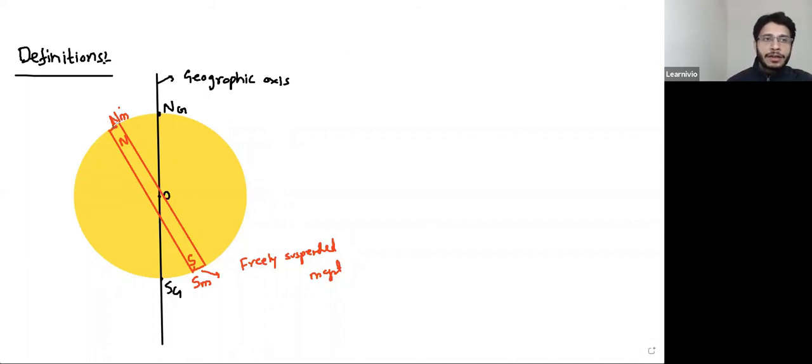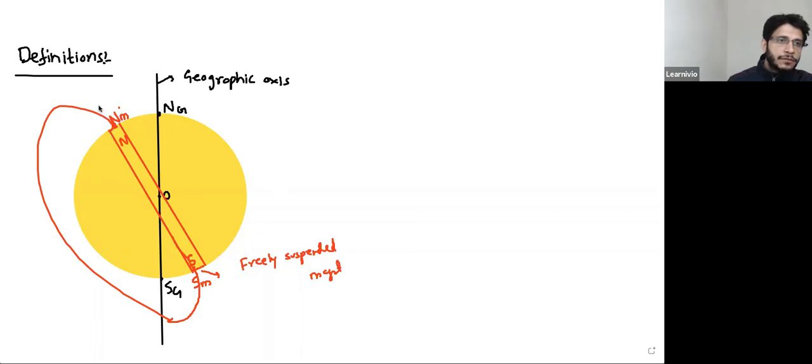So if I draw magnetic field lines, they are like this. They enter from this region and leave at this region. Usually magnetic field lines don't enter at a north pole, they leave at a north pole. But here they are entering at the North Pole. That means this North Pole behaves like a South Pole of a normal magnet.